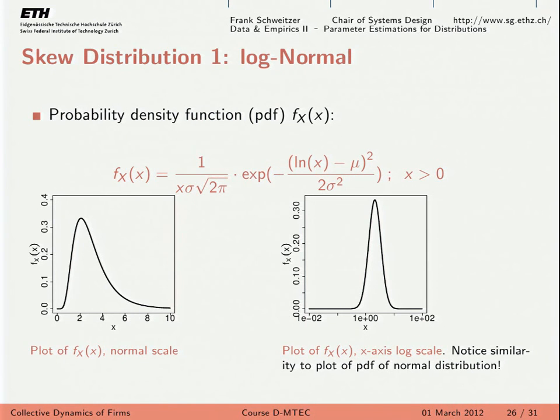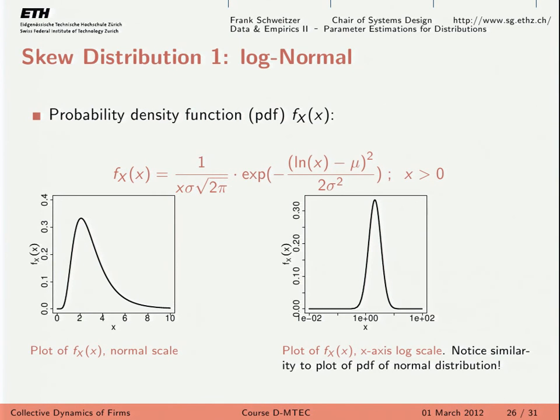In fact, I have a new variable, which is y equals ln x. So I replace my variable y here by ln x. And then instead of having a normal distribution, I have a distribution that is drawn out to the right and has a positive skew.